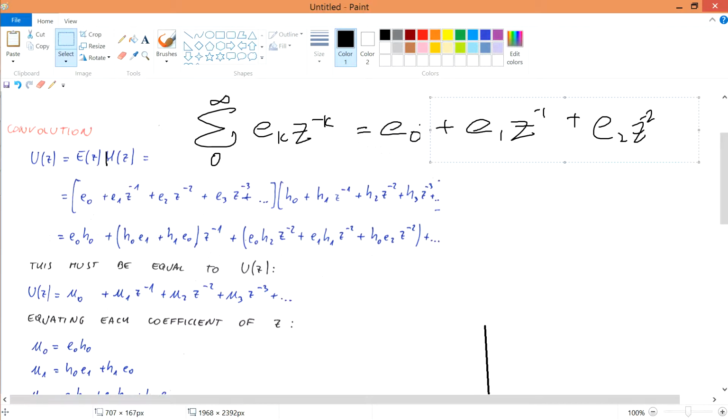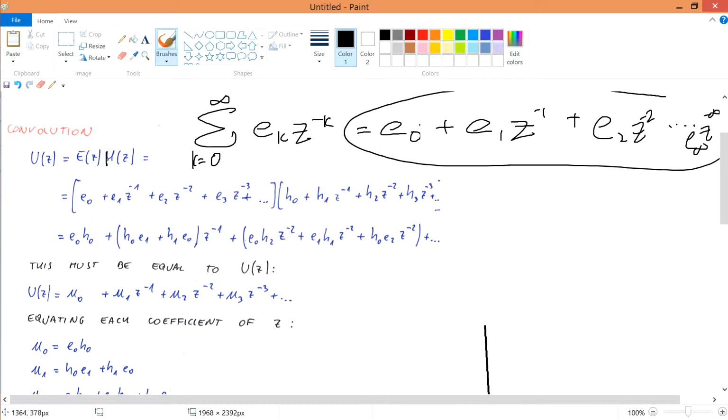This goes from K equals 0 all the way to infinity, so at the end it's E infinity, Z minus infinity. So this whole thing over here is this thing over here. Take a time to double check, it's the same.